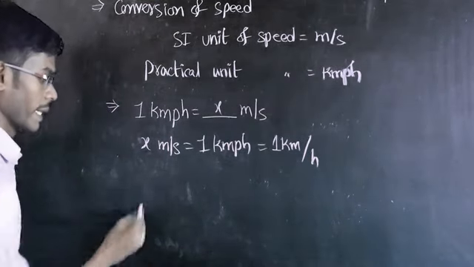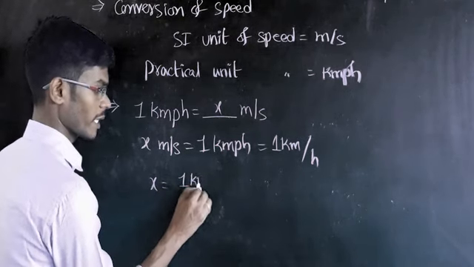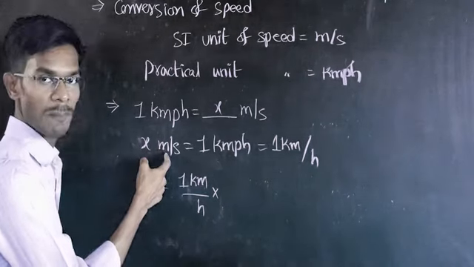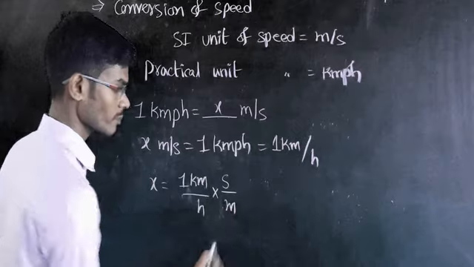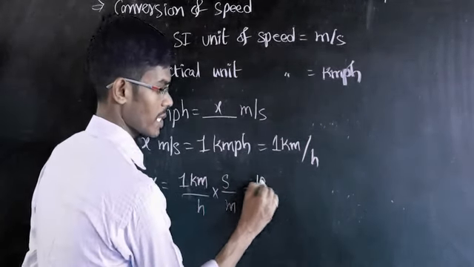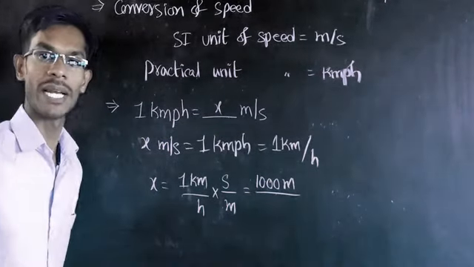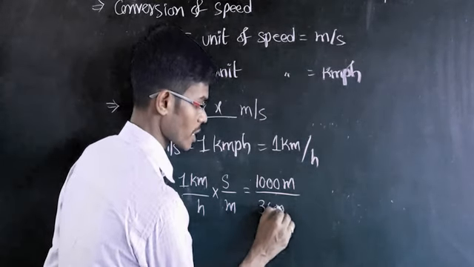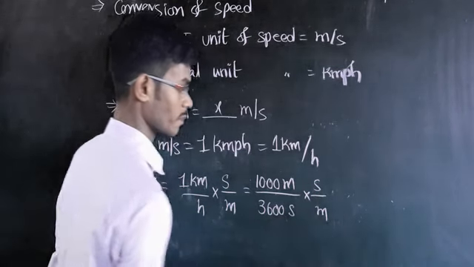So x is equal to 1 kilometer per hour into, if you send this meter per second to the RHS, it becomes second by meter. 1 kilometer means 1000 meters, and 1 hour means 3600 seconds, into second by meter.